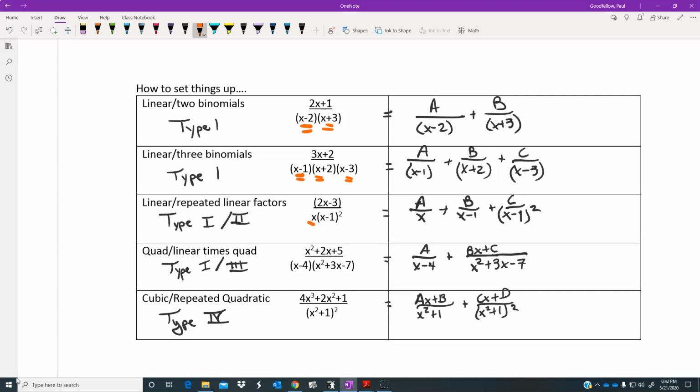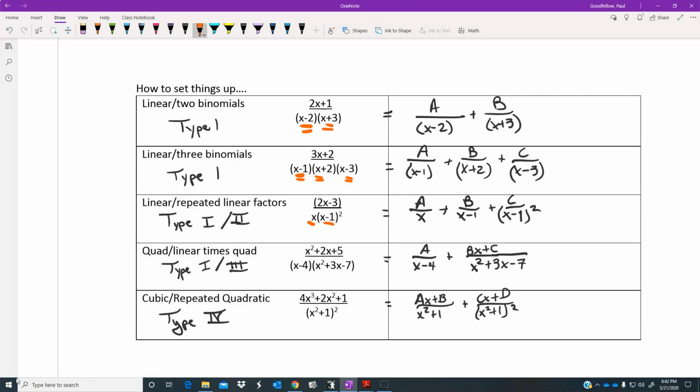Type 1/2, the one in the front for the x is a type 1 because it's just a distinct answer of 0. The second one is 1, giving you a linear answer, or a real answer, but it's got a repeater on it. So that's why it's got the repeater sense for type 2.